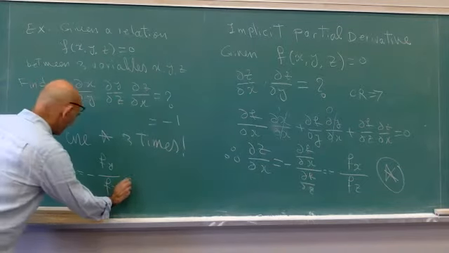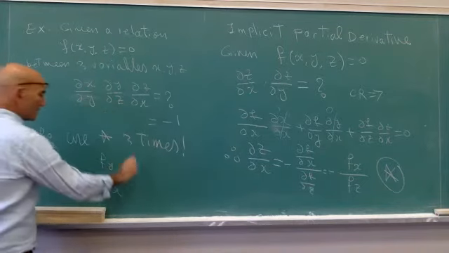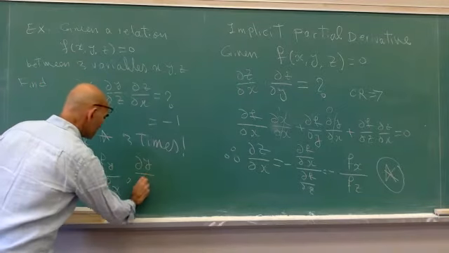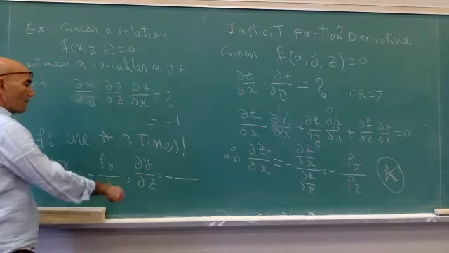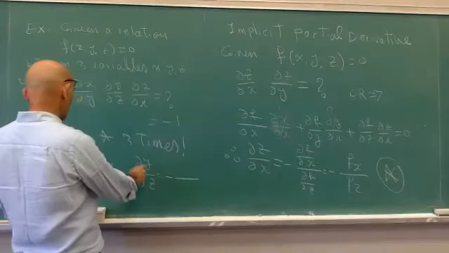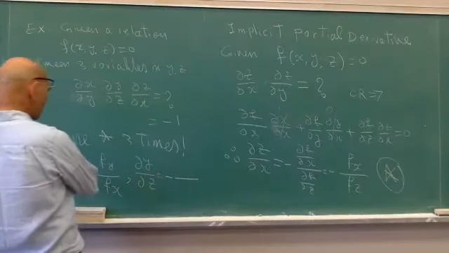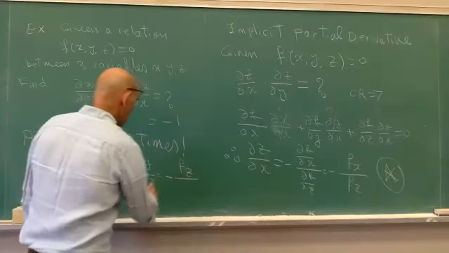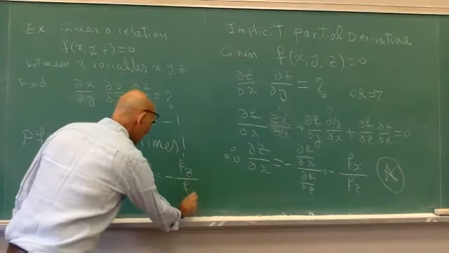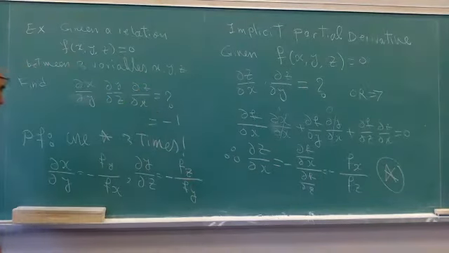And, okay, dy/dz, negative, well, this time is going to be dx/dy, which is Fy over Fx... this is Fz over Fy. Right?